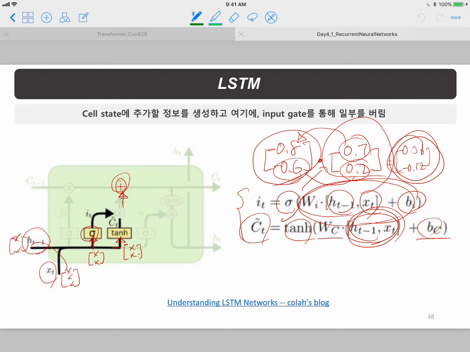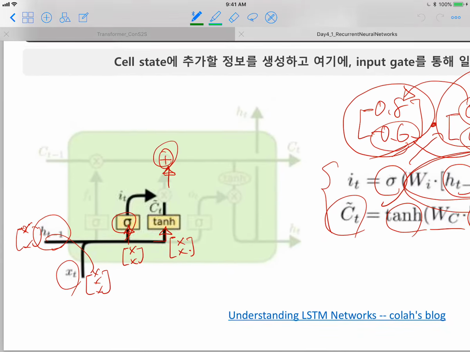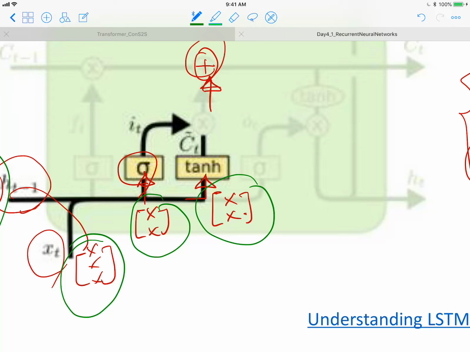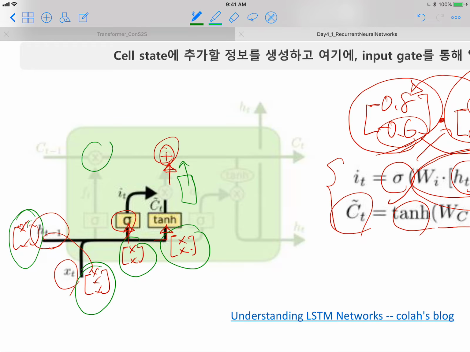In the case of an LSTM, by using the previous hidden state vector and the current input vector, we generate two sets of vectors, right? Overall we are generating a new vector that will be added to our previous cell after going through the forget gate.